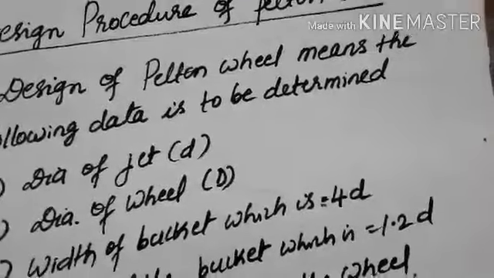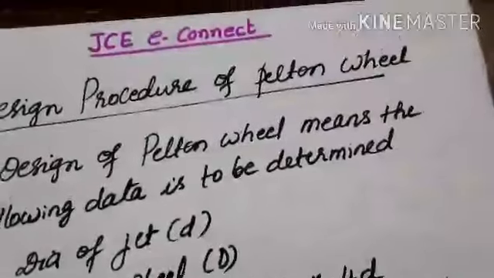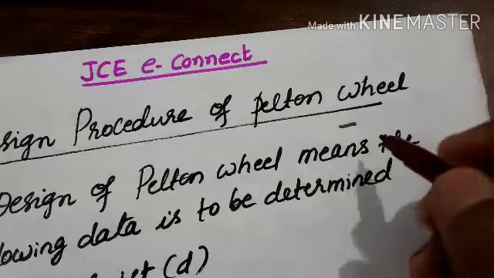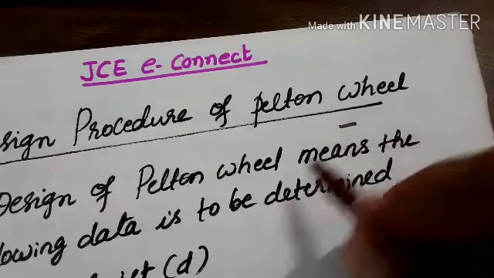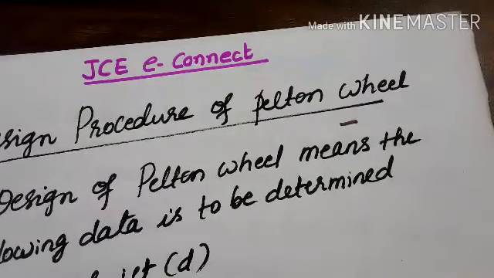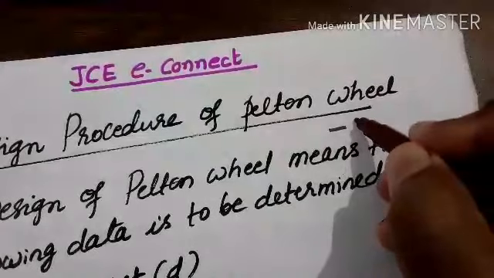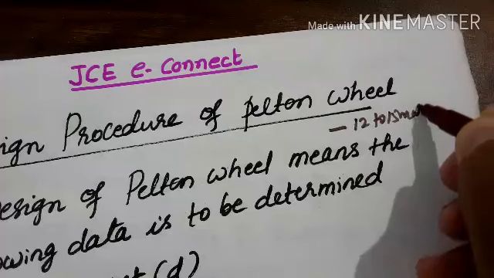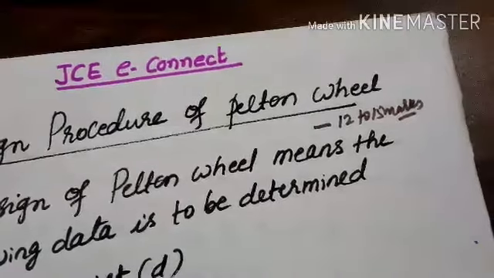The design of a Pelton wheel is very important from the examination point of view. Many times the question will be asked in the question paper, generally for 12 to 15 marks, sometimes for 20 marks also.